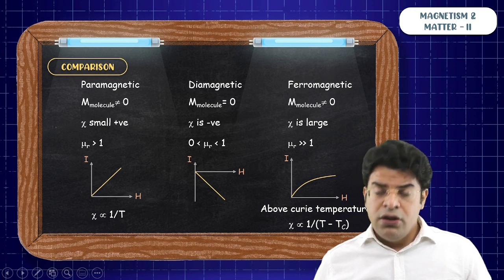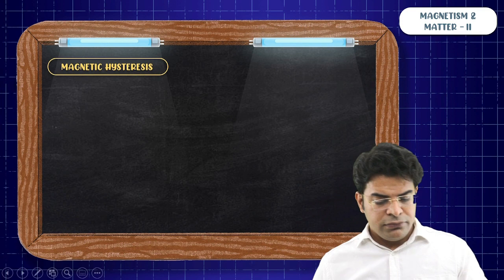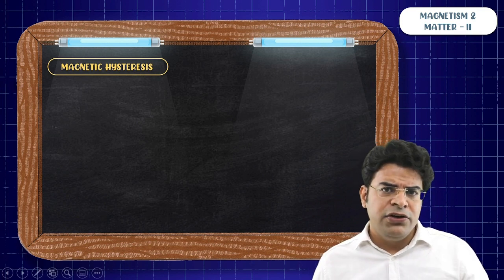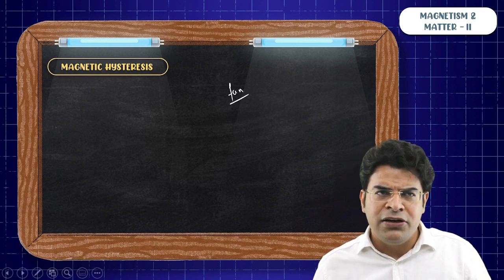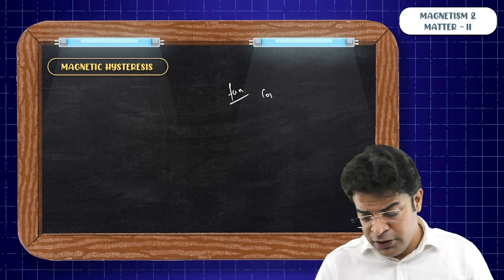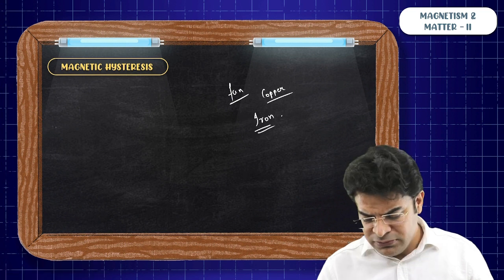So now we will talk about the hysteresis graph. What is magnetic hysteresis? You have a fan in your house, yes. Which metal do you think the fan contains the most? It has got winding that is made up of copper, yeah. And I think that the fan is also made up of iron or steel, right?